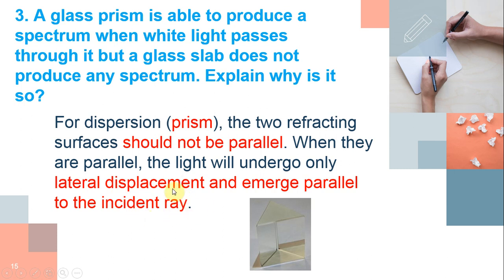So this concept is already discussed in glass slab, because a glass slab produces lateral displacement. That means the distance between the incident ray and emergent ray, that gap is called lateral displacement. But in these situations, the emergent ray and incident ray are parallel to each other.